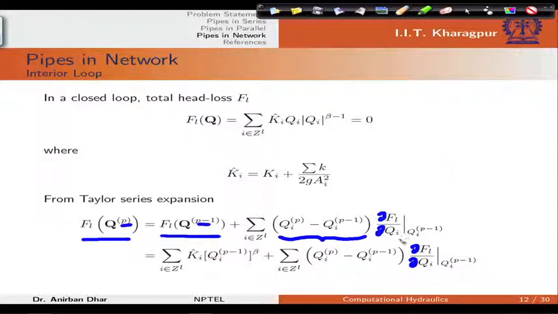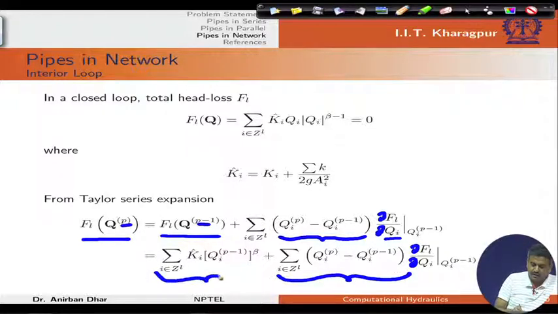So, we need to calculate the derivative of this FL with respect to Qi for individual pipes. Now, in this case one thing is important, that in the Hardy-Cross method this part is approximated. If we compare this one with Newton-Raphson, this is the head loss which is calculated based on previous iteration values.